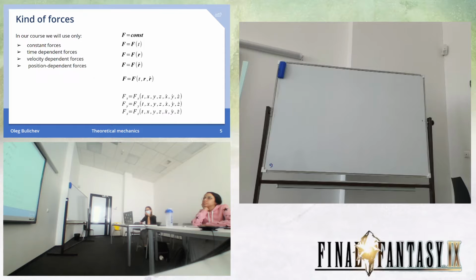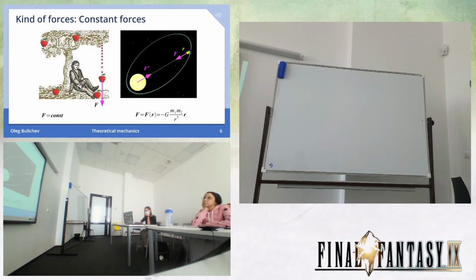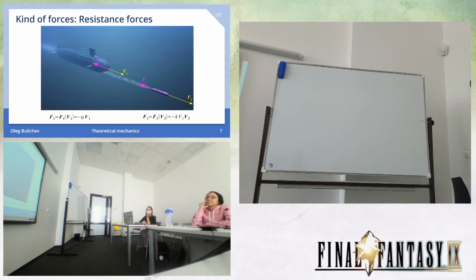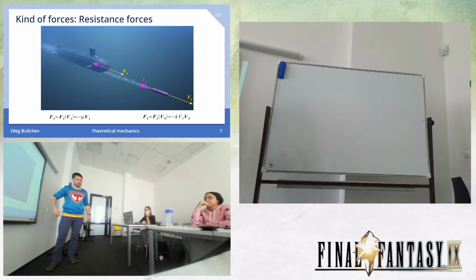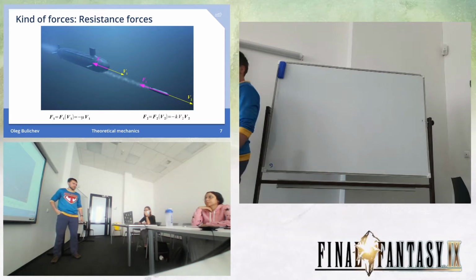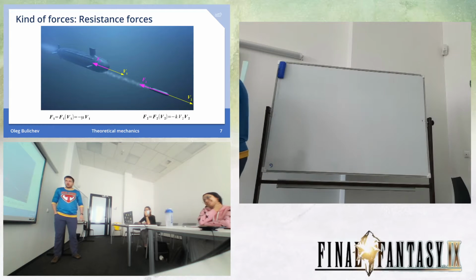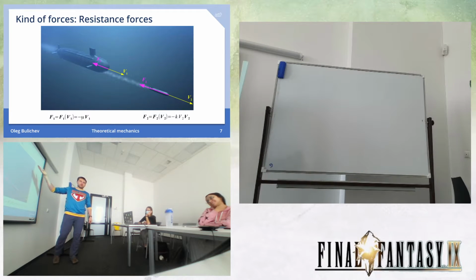Constant forces: gravity forces in general, or when we talk about the apple and Newton. Then resistance forces related to velocity. Do you understand the difference between this and this one? It's resistance forces, as you may see.